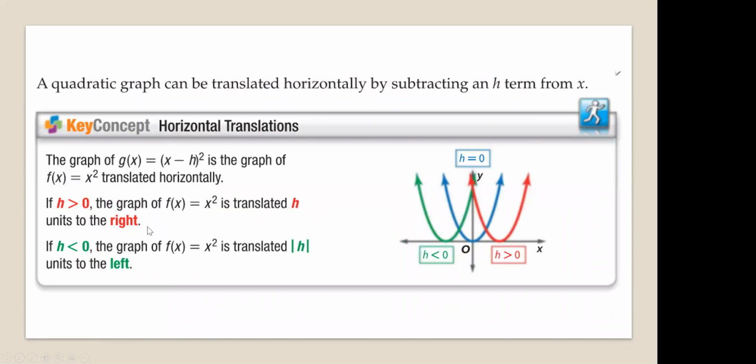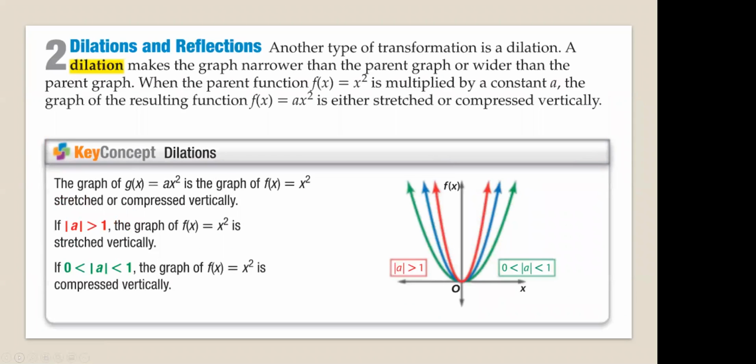And then if you have a value of h that is greater than 0, that's going to move your parabola to the right. If it's less than 0, it's going to move it to the left. And then it talks about dilations, the coefficient in front of x squared. If it's greater than 1, then it's going to stretch that parabola vertically.